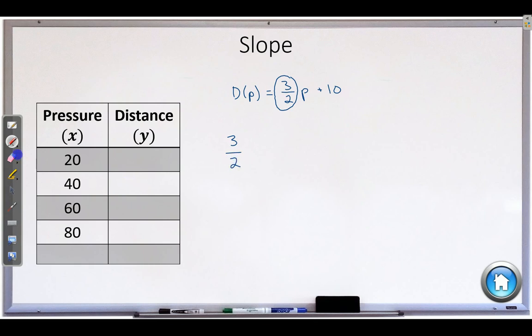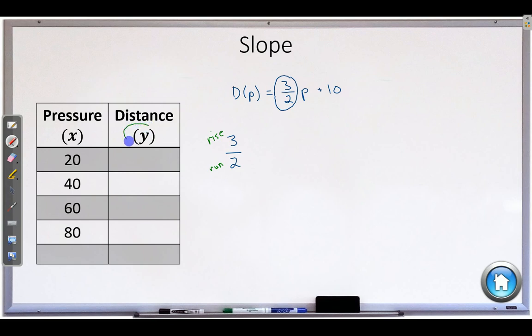3/2. So remember, slope is rise over run. So your 3 is your up and down, the rise, and the 2 is the run. All right, well, if 3 is up and down, what does up and down stand for in this problem?